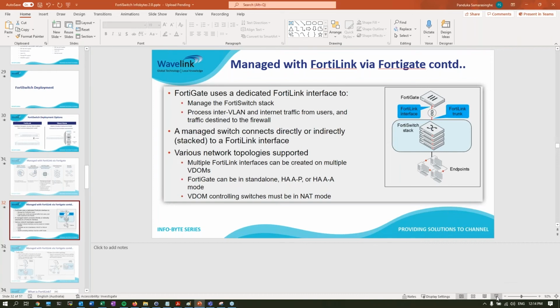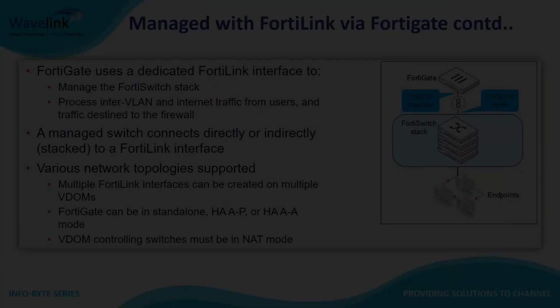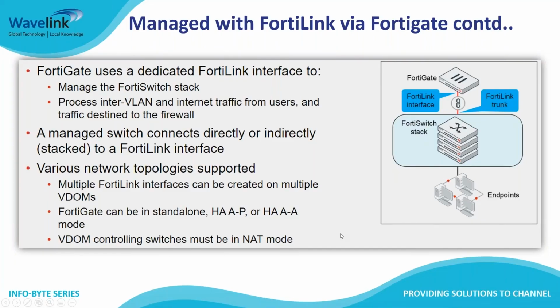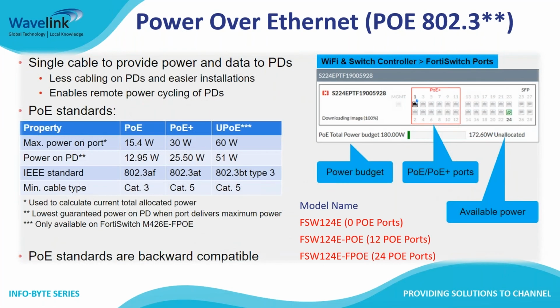So that's how you basically start configuring the VLANs, and then that's how you configure a switch, right? Yeah, so then going on to PoE, there is a small naming convention that you have to understand to properly recognize the PoE power budgets and PoE ports in the FortiSwitches.